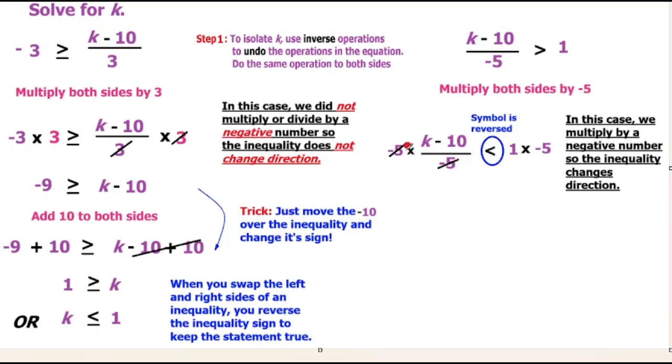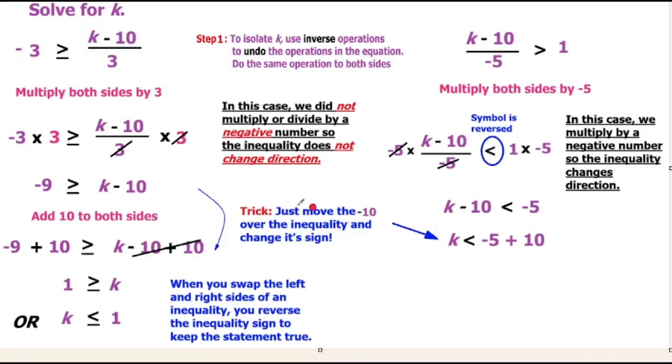So now we could cross these out because they cancel. And so we're left with k minus 10 is less than negative 5 because 1 times minus 5 is minus 5. So now what we could do is just move the negative 10 over the inequality and change its sign.